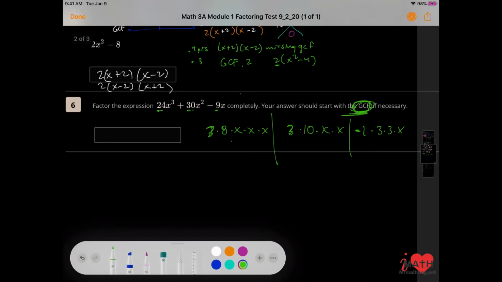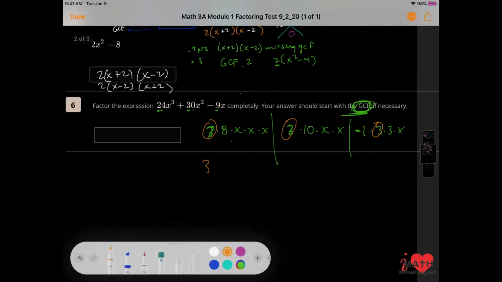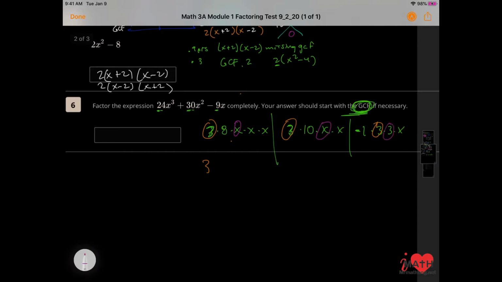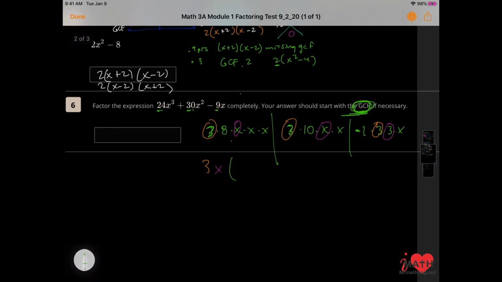Okay, what do they have in common here? They have a 3. And they have a 1x. All right, what did we not do? So I have 8x squared plus 10x.